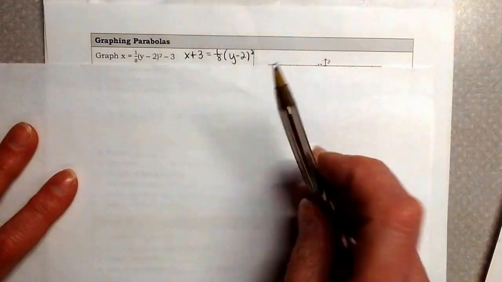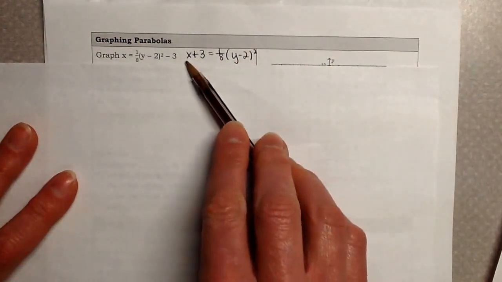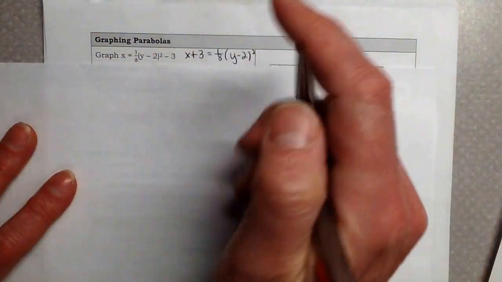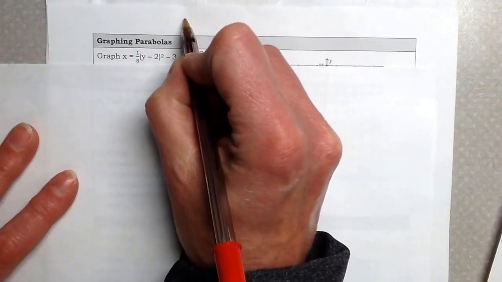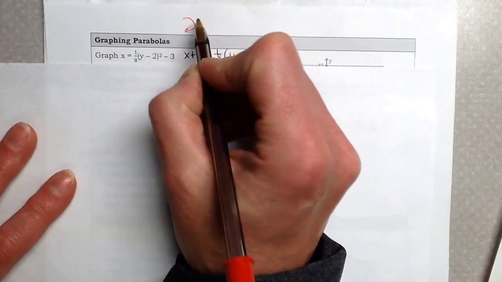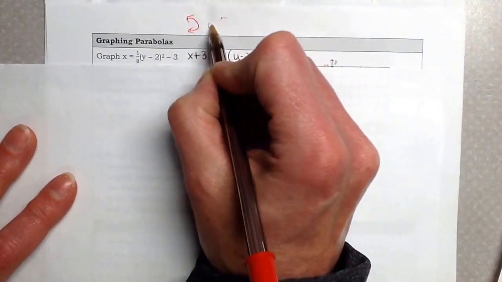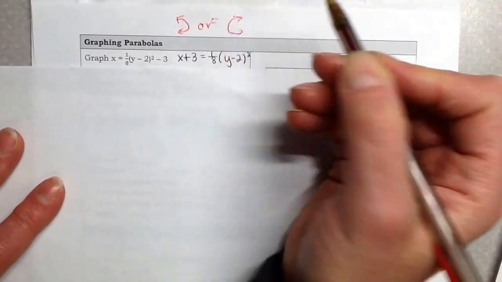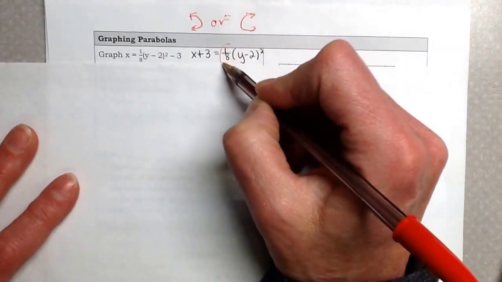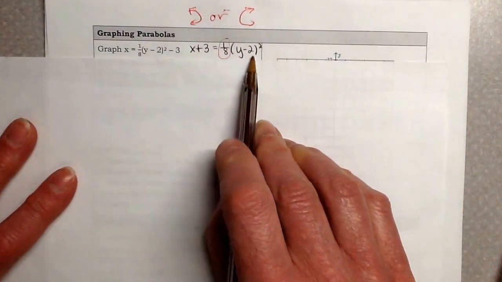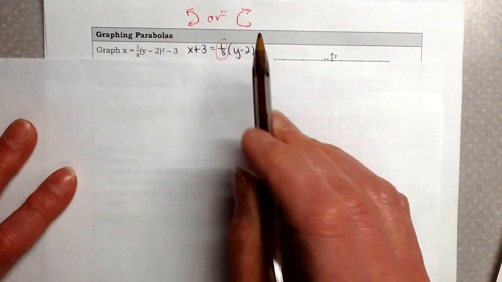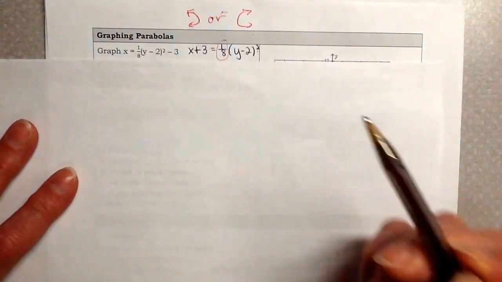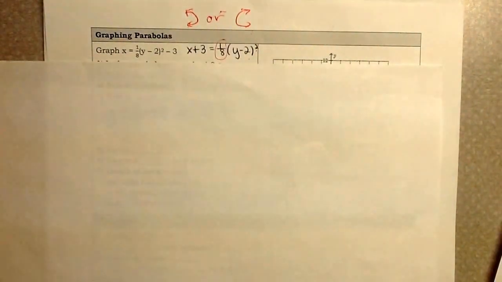Another way you can look at it, whichever term is to the first power gives you the orientation of your parabola. If it's a horizontal parabola, it could open to the left or to the right. The way that you tell is you look at the value in front of the parentheses that are squared. If this is positive, it's always going to point to the right. If it's negative, it's going to point to the left. So this one is positive, we're going to point to the right.